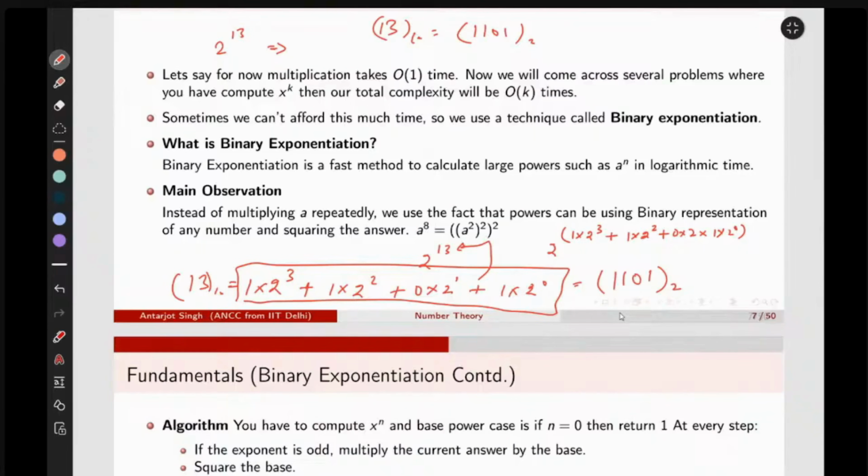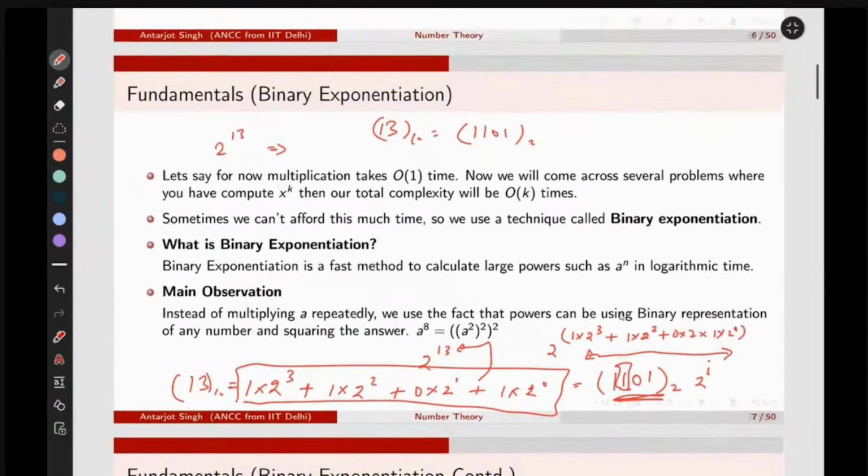If you have a string of binary and we are at the ith step, the ith step is basically the ith index of the string from the back. So you will always be multiplying 2 to the power i when the bit here is set. So we are going to use this as the base of our algorithm.